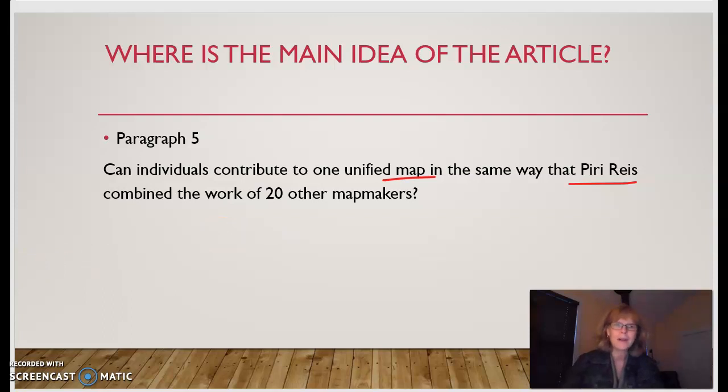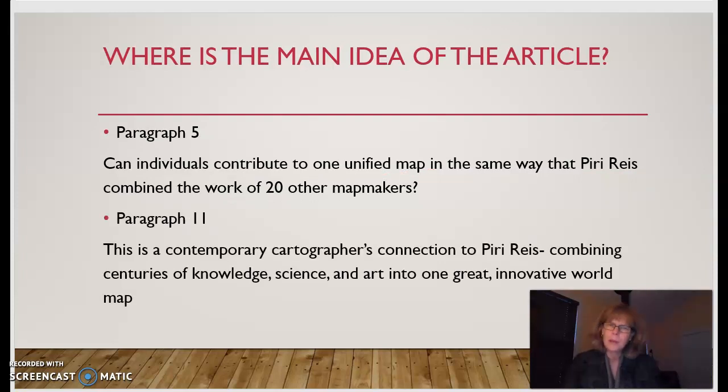I found another good main idea sentence when I looked all the way at the end of the article. So another place to check is the last paragraph, the conclusion. And again, the writer emphasizes the main idea. The writer, he or she, wants to keep comparing the old map making and the new map making.